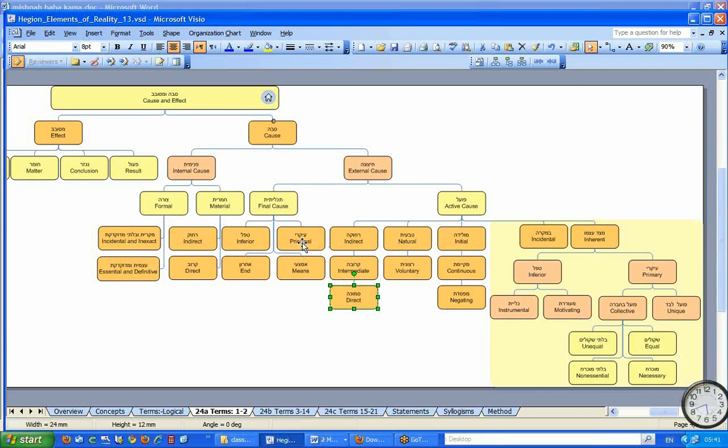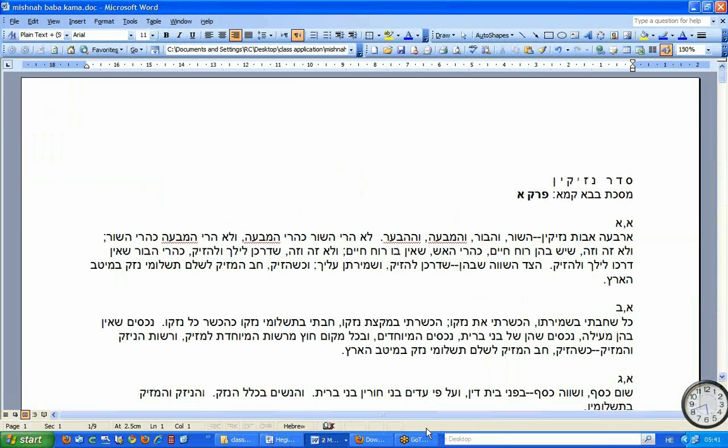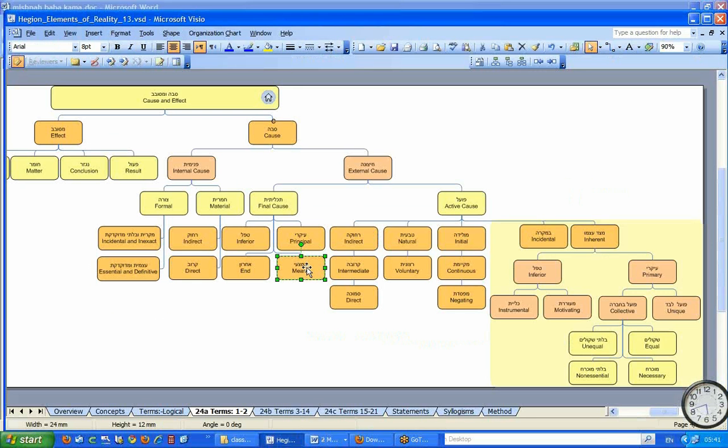When it came to tachlis, he said that there's your tachlis and your means. There's the goal that you have, and then there's the means to get to the goal. If you want to be a Talmid Chacham, then you have to learn Torah.